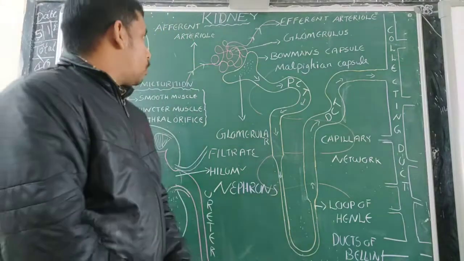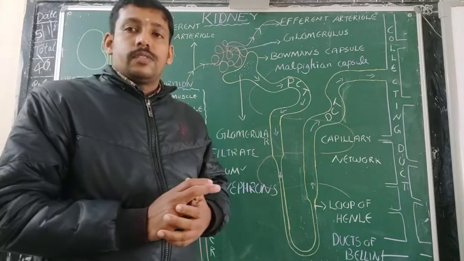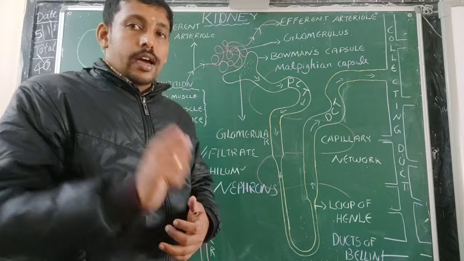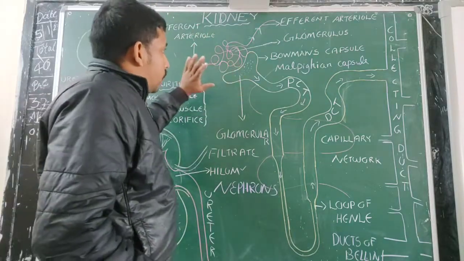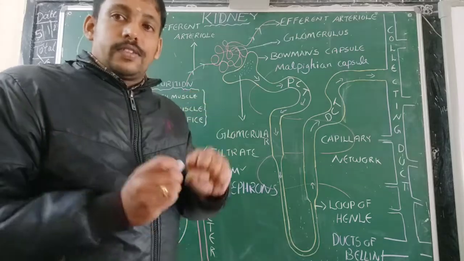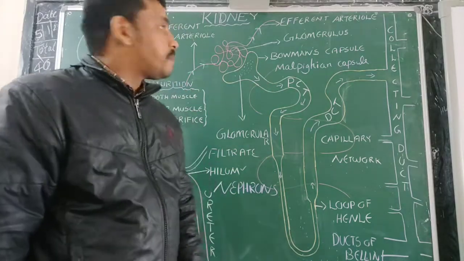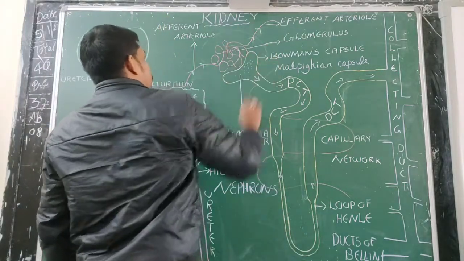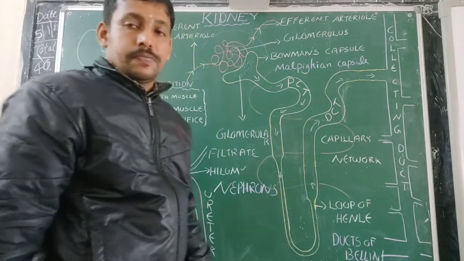So the nephron is a tube. It's a highly coiled tube. They are the functional unit of the kidneys, and it mainly has a capsule-like space. Then there are some tubes. This region is known as the Malpighian capsule.